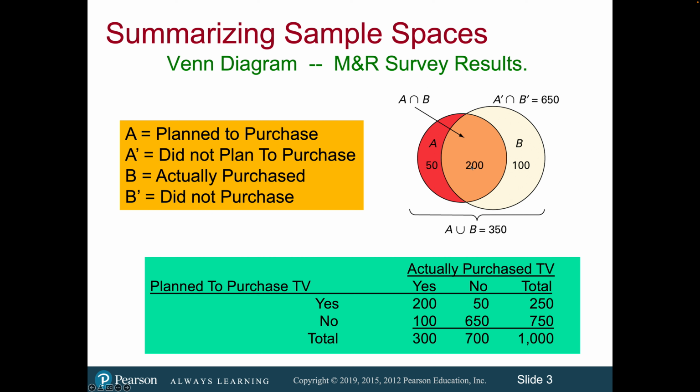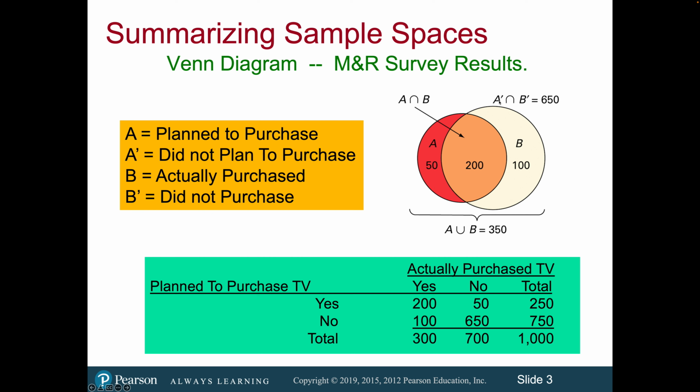Now, let's look at the table and see how they came up with that. The intersection, again, we treat intersection as and. So they planned to purchase and they purchased. Well, that's going to be the number that is under yes and yes of both of the variables, right? So then we would have 200 people there.